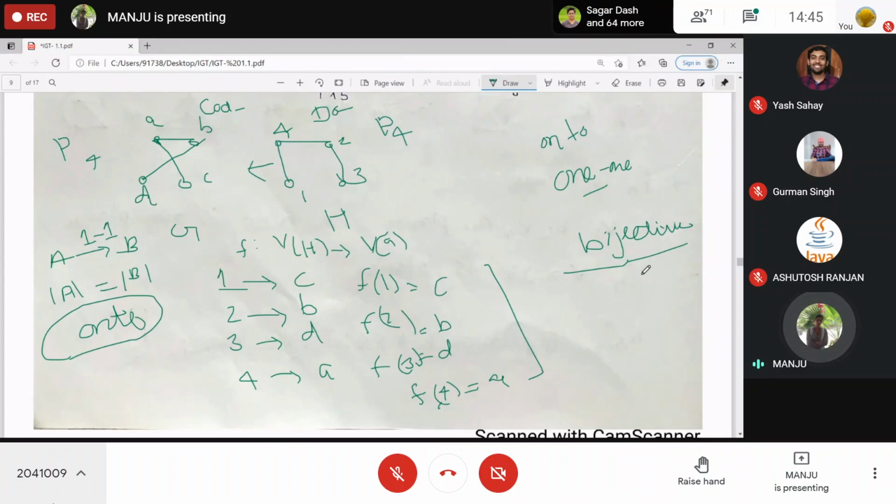Now one more thing. Bijectivity is done. What about the adjacency condition? Adjacency means you have defined this bijection from H to G, where if you take any two elements from H and they are adjacent, then their corresponding images are also adjacent. Is it happening?